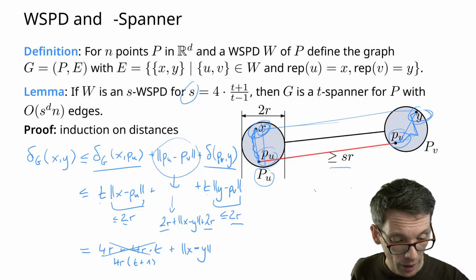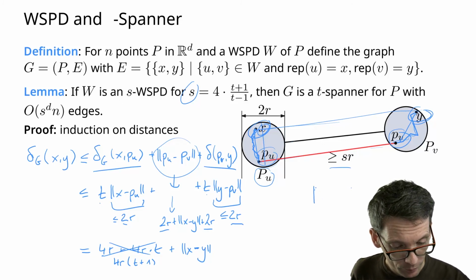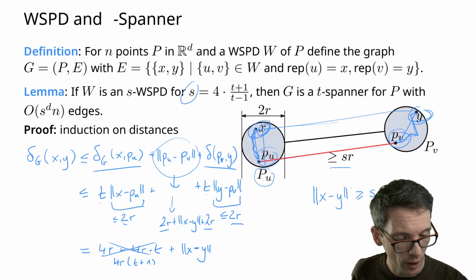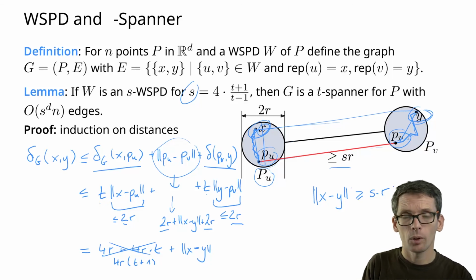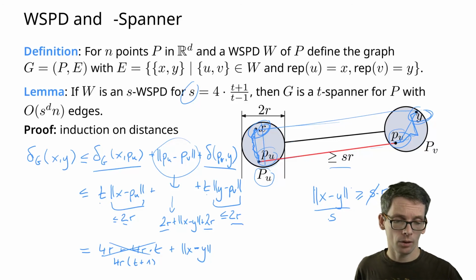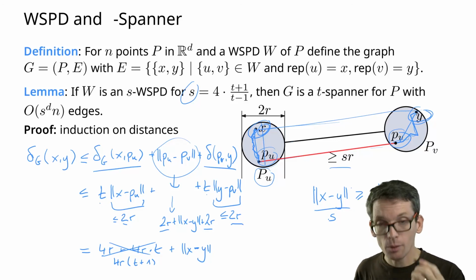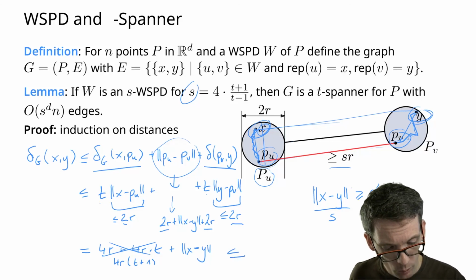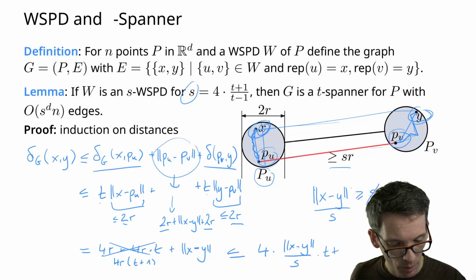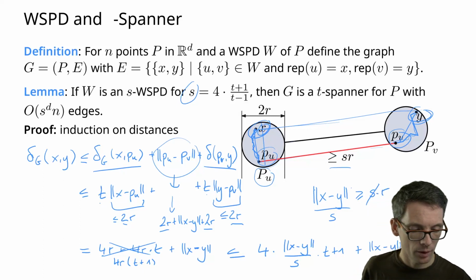So what I actually have is that the distance between x and y is at least s times r, or if I want to replace r, r is smaller or equal to the distance between x and y divided by s. Let's plug this in. Then what we get is the following: 4 times the distance between x and y divided by s, times (t plus 1), plus the distance between x and y.